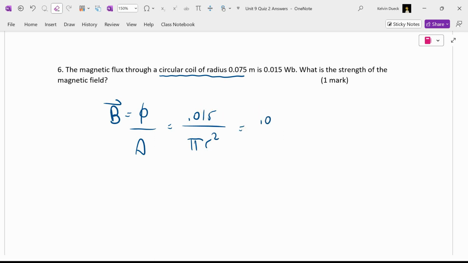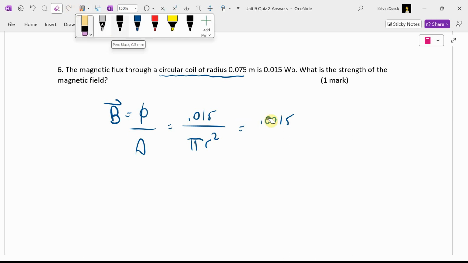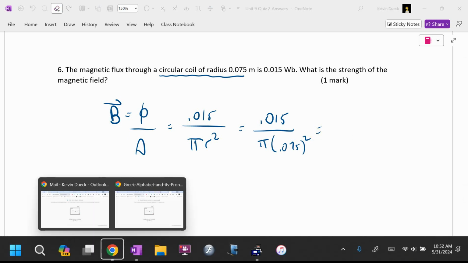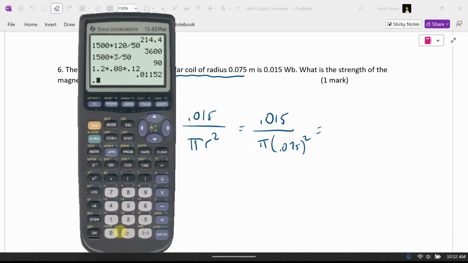It's going to be 0.015, not 2 zeros, Mr. Dueck. 0.015 divided by pi times 0.075 squared. And I get, is 0.849 correct?